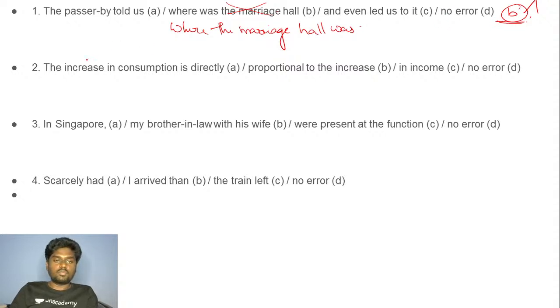Next, second one. What will be the error here? What is the real error here? The increase in consumption is directly proportional to the increase in income. Is there any error which you could see? I would say there is no error, so it's going to be option D. Option D, no error in the second one.